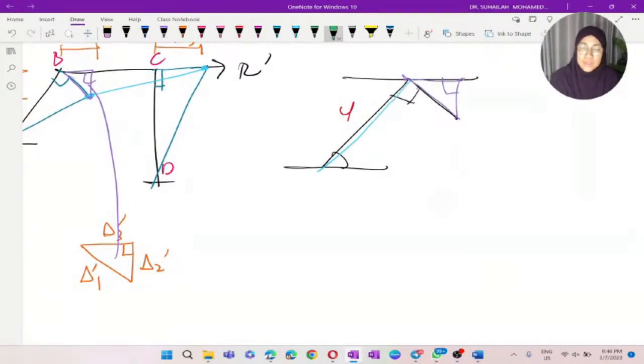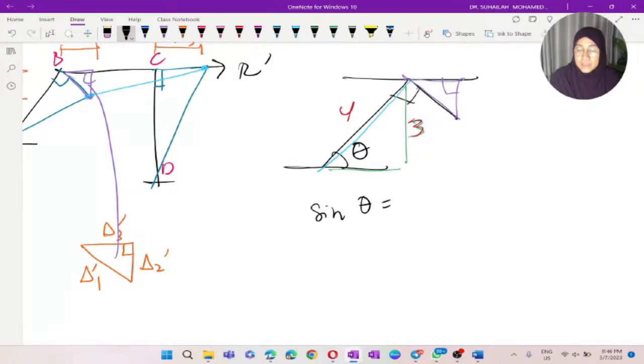Okay, this one is 3. From this 4 and 3, we can calculate the angle. So we want to have this angle. From this we will use sine theta.